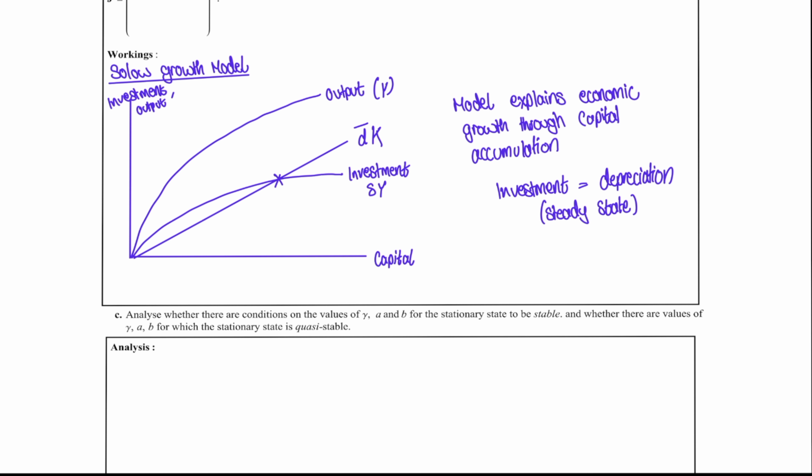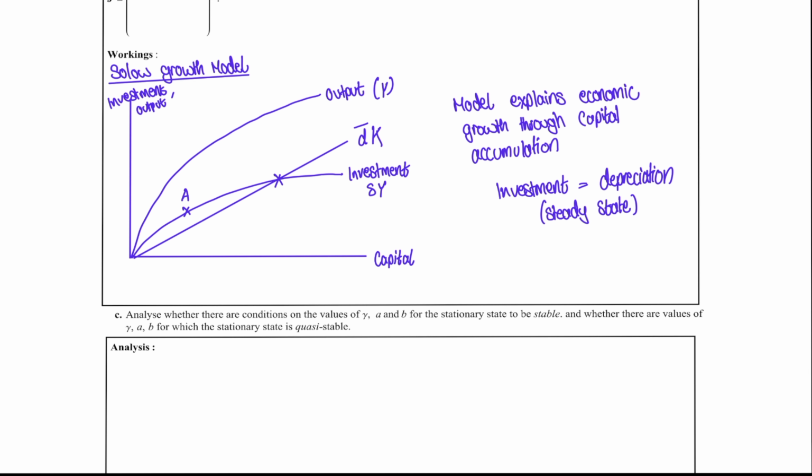Okay. Now let's say that the economy is at this level of investment. At this level, investment is greater than depreciation, which means that capital will be able to accumulate as the level of investment is greater than the level of capital depreciation.